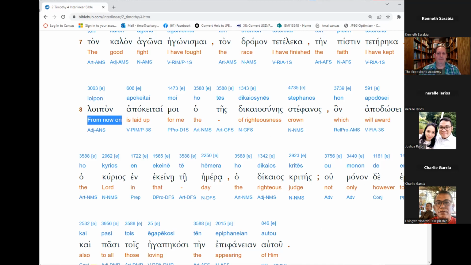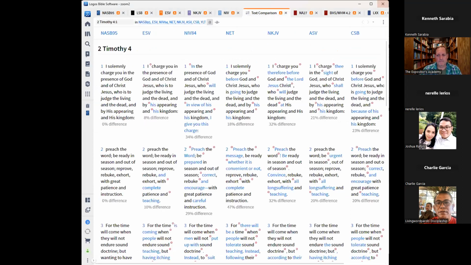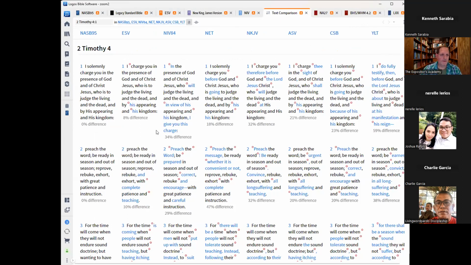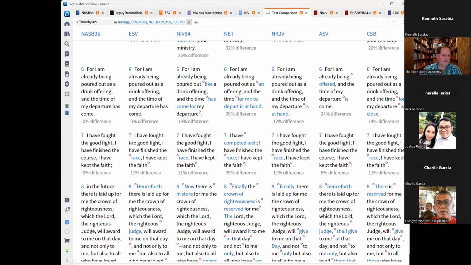Why not? All right, let's see if the other English translations did anything different here. Okay. All right. Verse 8. We're on verse 8, right?